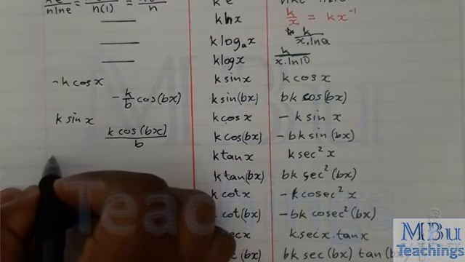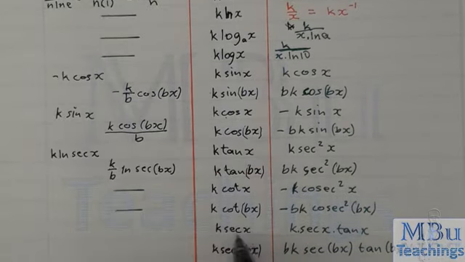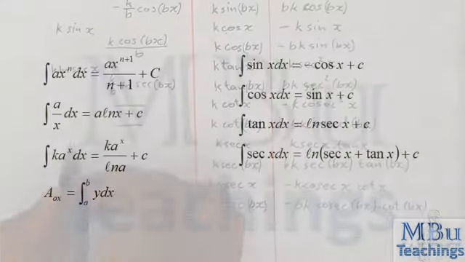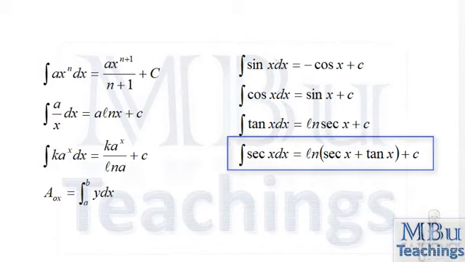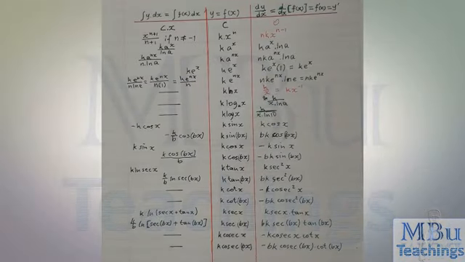So it will be k. For sec, we will have, basically this is what we will be doing when we are integrating. I just showed you the skeleton of what we'll be looking at.